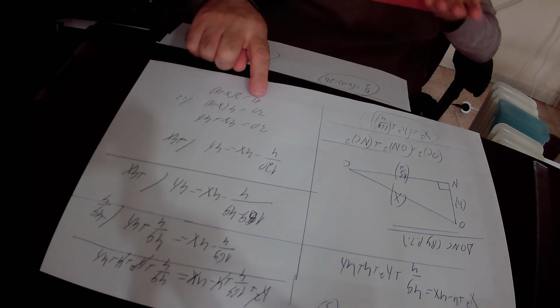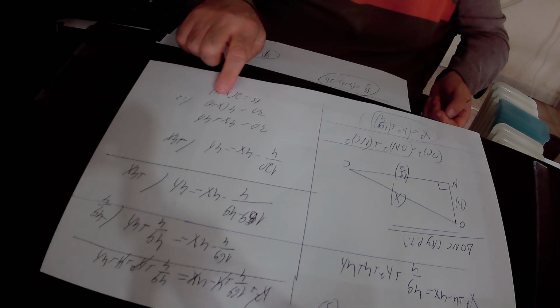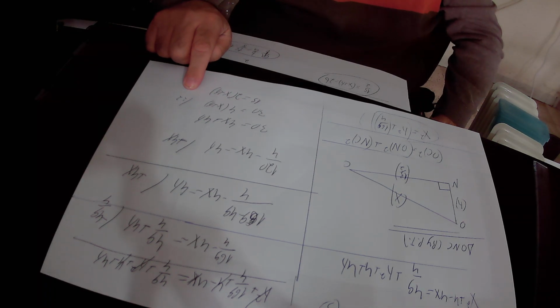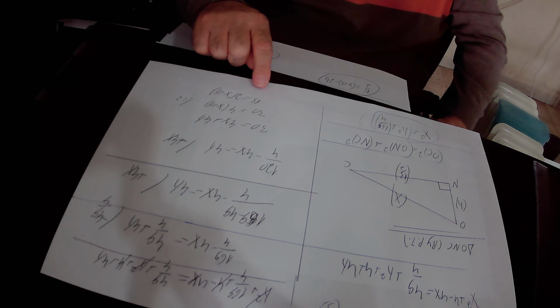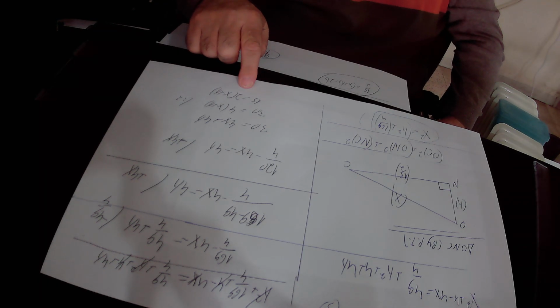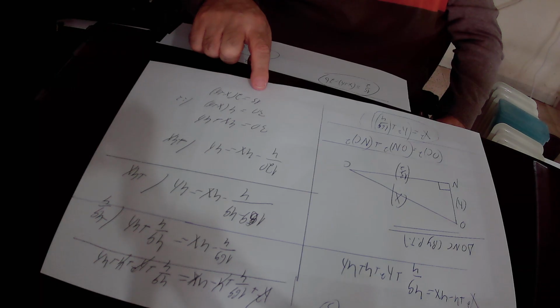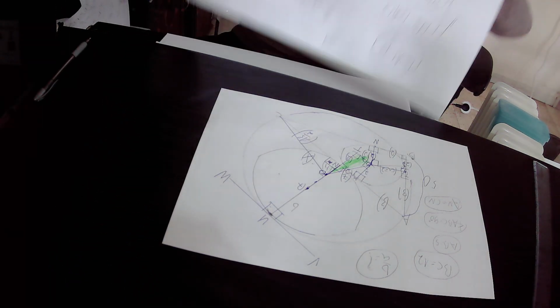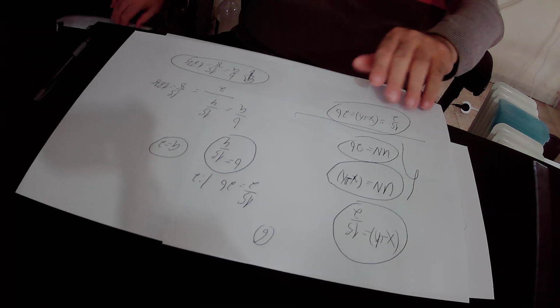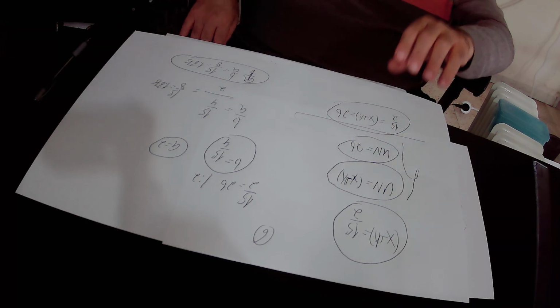In total we found that 30 equals 4 times x plus h. Then we divided this equation by 2 and found that 30 over 2 is 15, which equals 4 over 2, that is 2, times x plus h. So 15 equals 2 times x plus h. We divided this equation by 2 and finally found that x plus h equals 15 over 2.